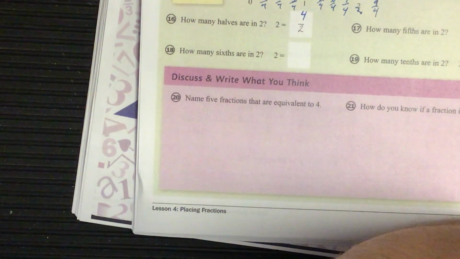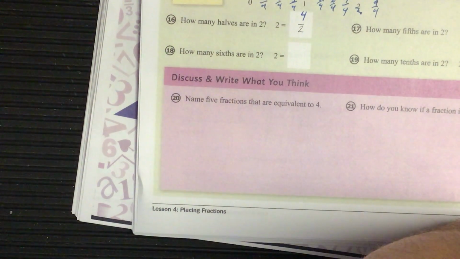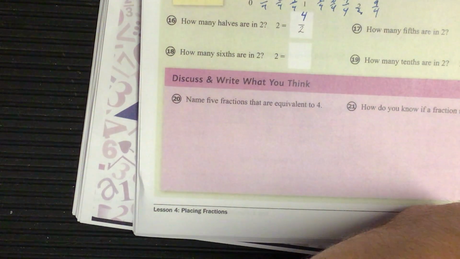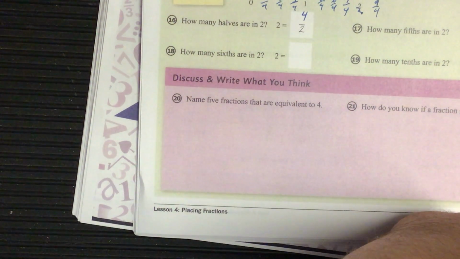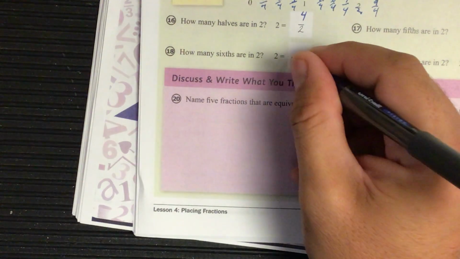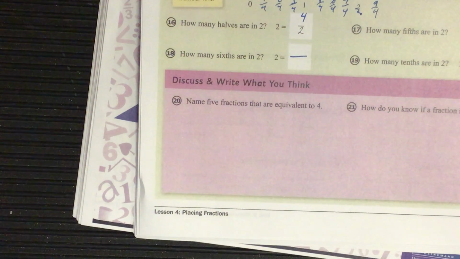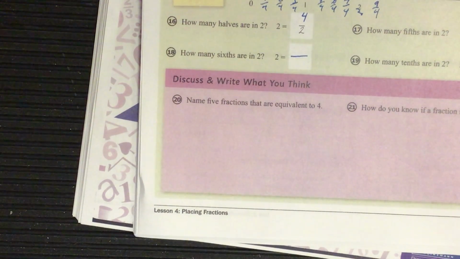What divided by 2 is 5? Nope. Sorry, what divided by 5 is 2? Because it's fifths. Landon, 18? Yep. I would say 3.